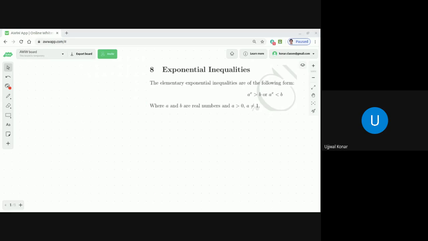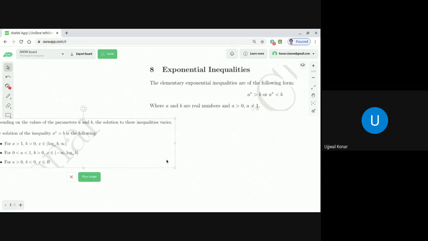So here it is. I'm going to show you that when you get an inequation of the form a power x greater than b, how the solution gets varied based on the different ranges of the values of the parameters a and b.